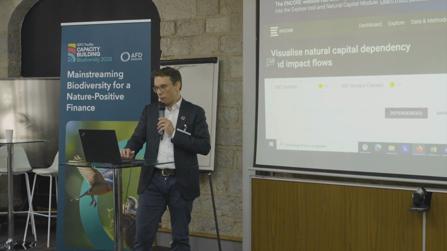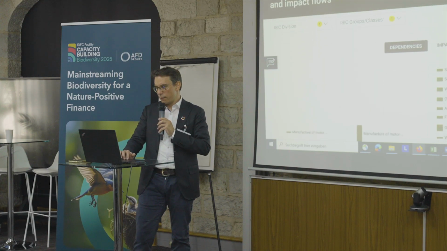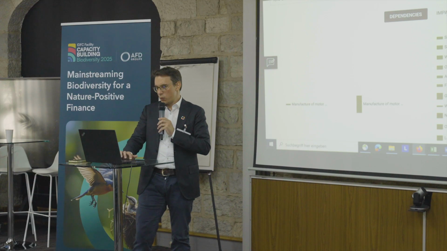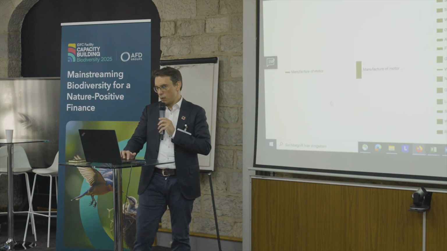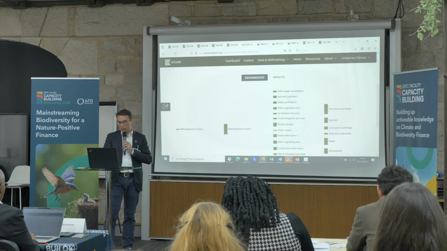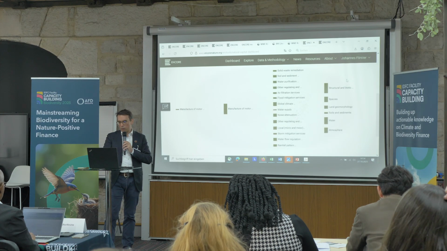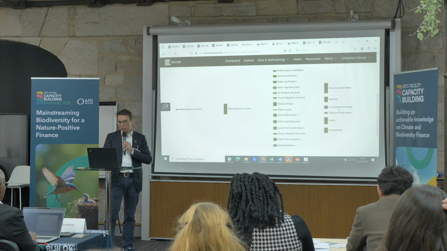You can also look at flows. I like this graph where it shows you how is my manufacturing of the motor vehicles related to particular ecosystem services, dependencies. So there are all these various ecosystem services listed here, and how they relate to particular aspects of nature.